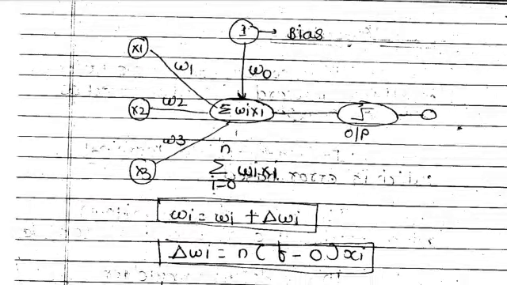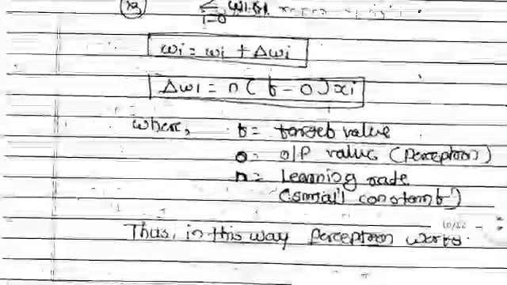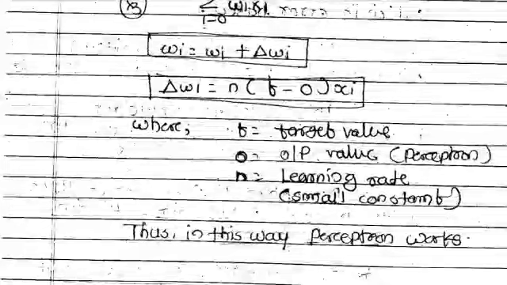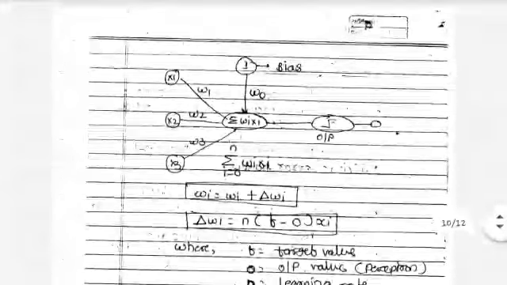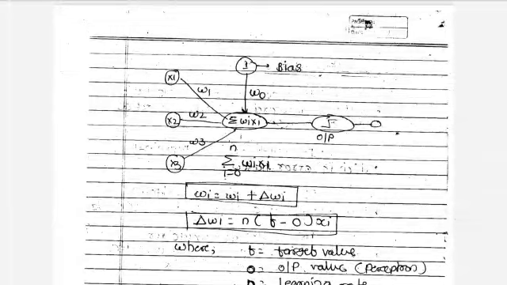This propagation of weight is nothing but n(t - o)x, where t describes the target value, o describes the output value, and n describes the learning rate or small constant. So these are the things with the help of which we describe the concept of perceptron network. Okay, thank you.